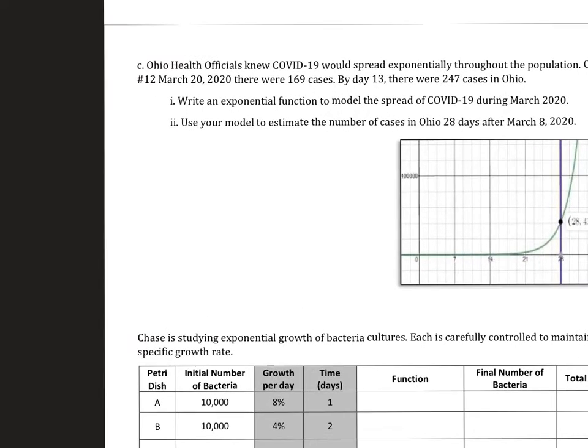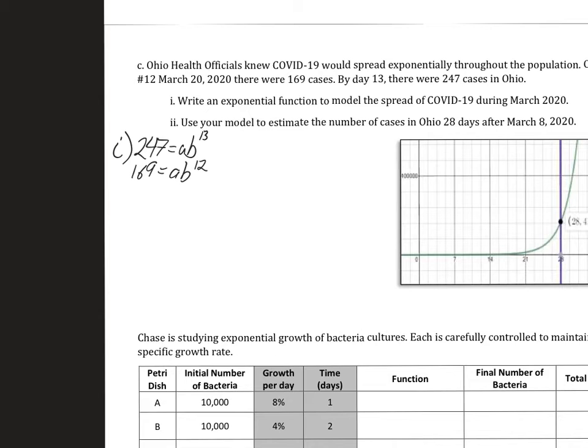Okay, so starting this off, looking at this, we have 247 cases equals a b to the 13th power, because x is my number of days, y is how many cases there were. Now the other one, I have 169 cases, a b to the 12th day.